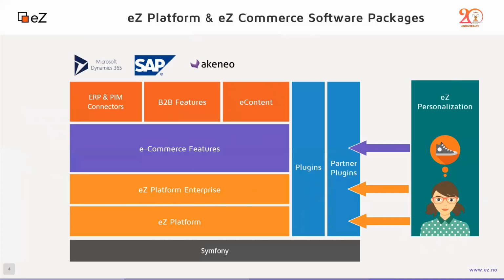Now, when we look at Easy Commerce, we can see that it's comprised of multiple layers. Its infrastructure is built on Symfony and Easy Platform, and then on top of that you have Easy Platform Open Source Edition, and then the Enterprise Edition. In order to have access to Easy Commerce, you do have to have a subscription to Easy Platform Enterprise Edition.